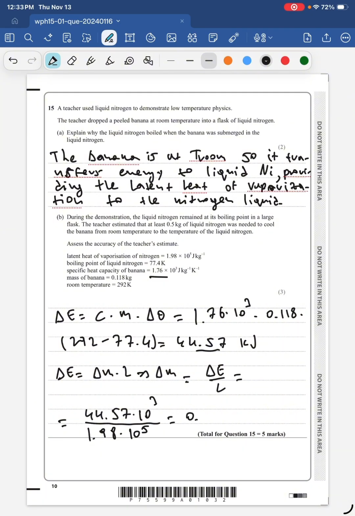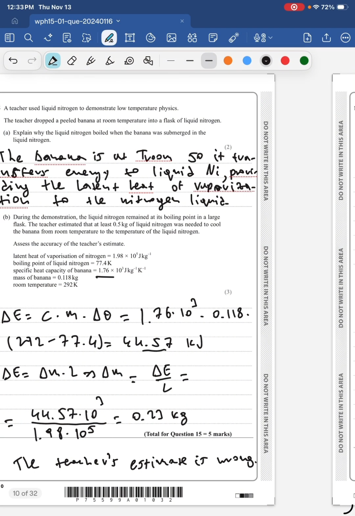So 0.23 kilograms is enough. Okay, so the teacher's estimate is grossly wrong. So the teacher's estimate is wrong. Okay.